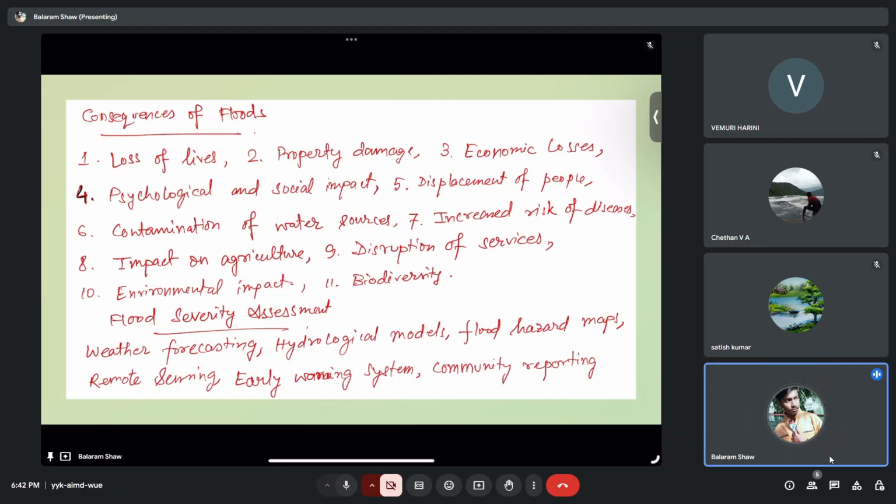Okay, so based on all this we have several classification systems. You might have seen in the news that there is a red alert, or a yellow alert, orange alert, or something like that, isn't it? All these color codes tell you something about the flood. Okay, so yellow code means what?